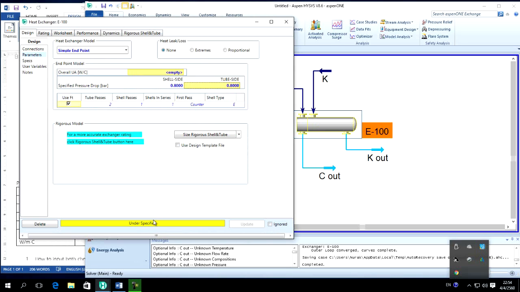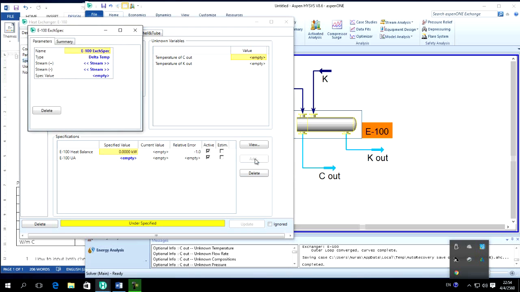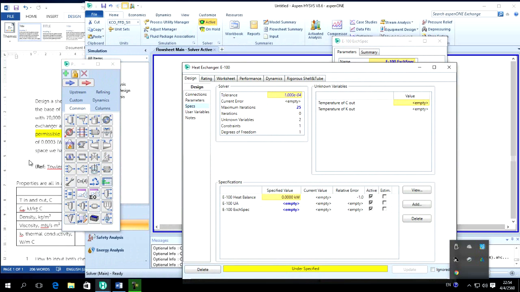Then I need one more specification, because after I check the degrees of freedom, I need that. So what kind of specification should I use? I can check with this.